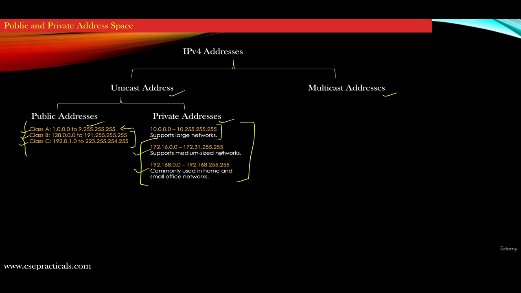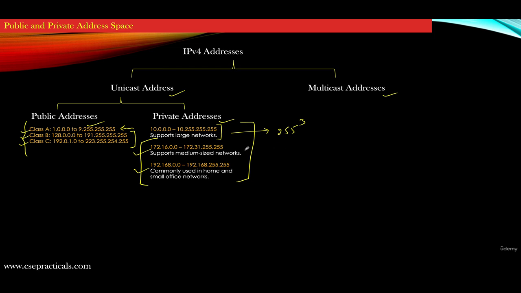And you can see that each range of these IPv4 addresses has a particular size. For example, in this range, how many IPv4 private addresses are there? There are 255 into 255 into 255, that is 255 raised to the power 3.